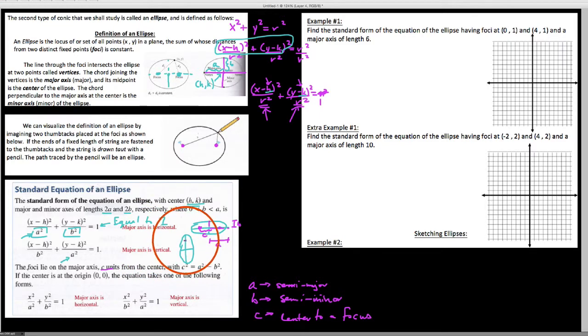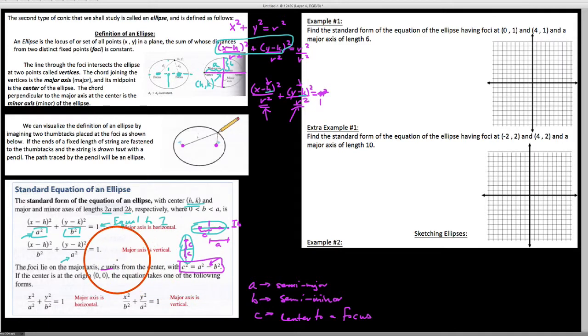So c is this distance from the center out to here. That is our distance c. But it is important to note with ellipses that c squared is equal to a squared minus b squared. If you want to remember this with ellipses, it almost looks Pythagorean, a squared plus b squared equals c squared, but it's not. It's got a difference in here. But that tells us how far it is to get to a focus from the center of this ellipse.